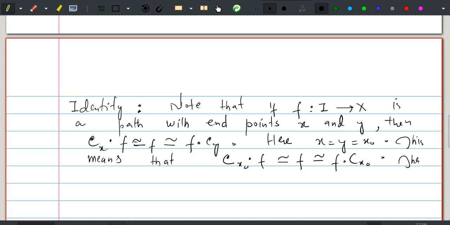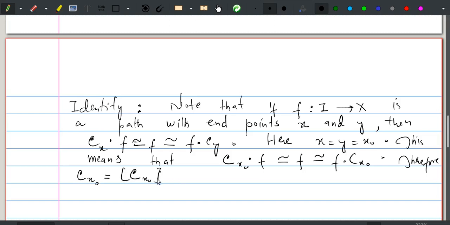Therefore this constant loop cx naught, which is the same as the class, because this class contains only this element here.